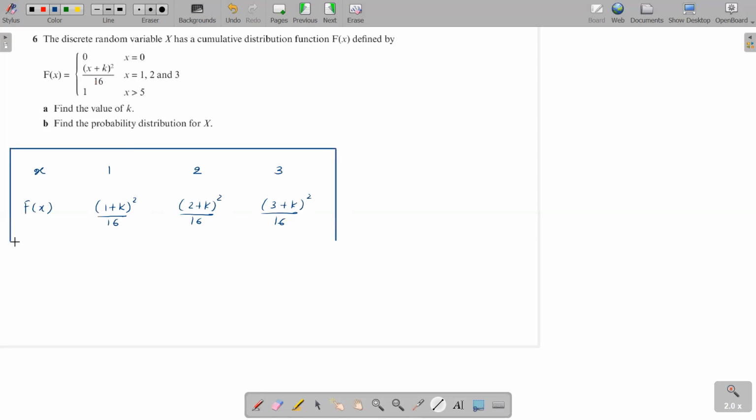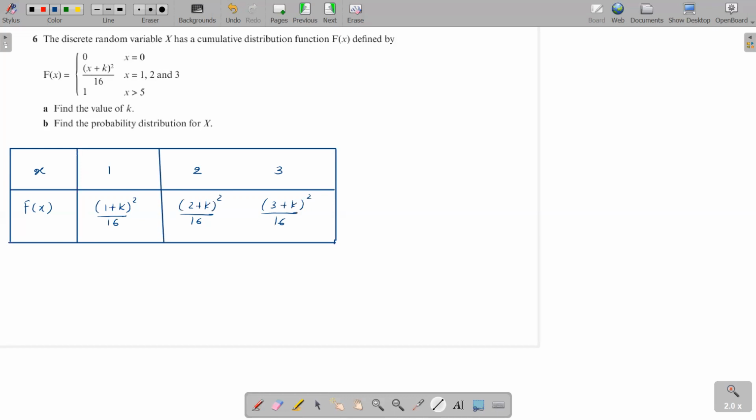Okay. So now the task is to find the value of k. So how do you get the k value? From this table, how do you figure out the k value? I think one of the common mistakes that many students make here is that they take all these values, add them and make it equal to 1.